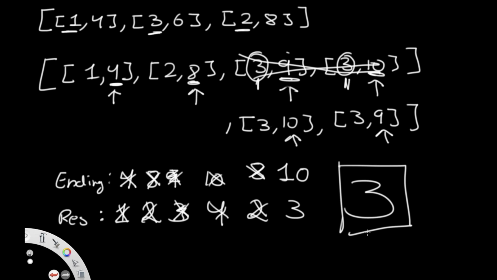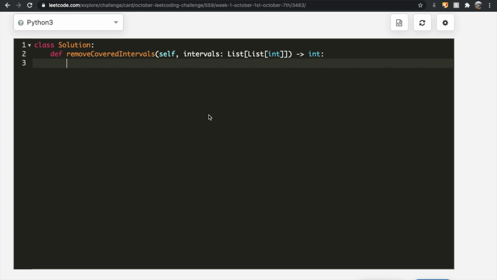So now let's go into the code part of this question, and let's see how that looks. All right, so let's start off by preparing our intervals list over here by sorting it according to the rules that we had. To do that, I'm going to be using the sorted function, and we want to sort intervals, so let's give it that. And over here, we're going to give it a key, so lambda. What we're going to do is sort everything by the first index, so x[0].